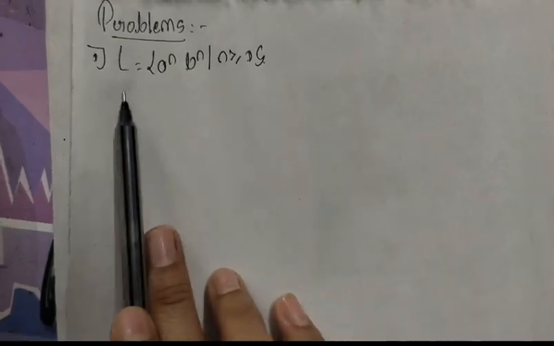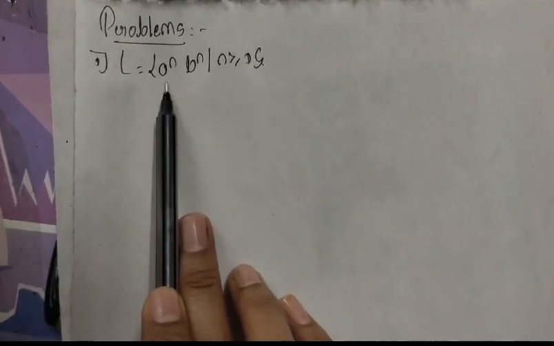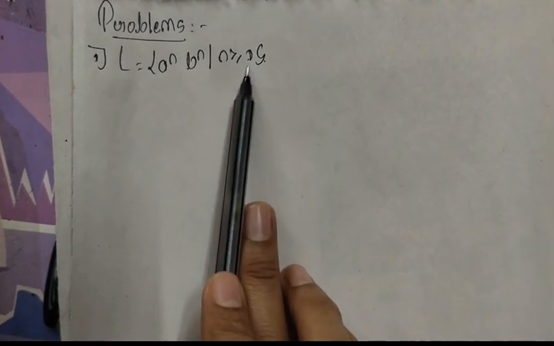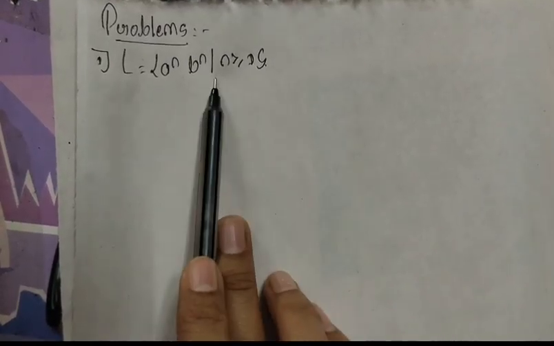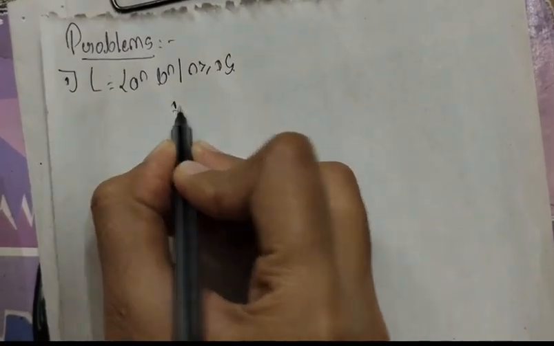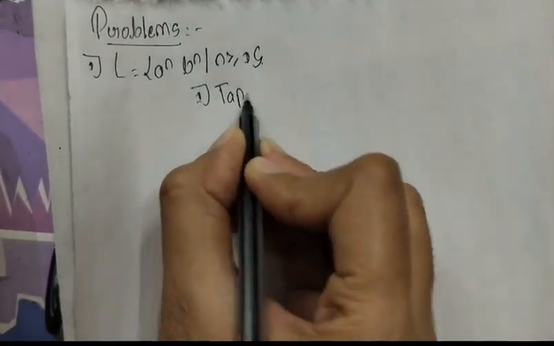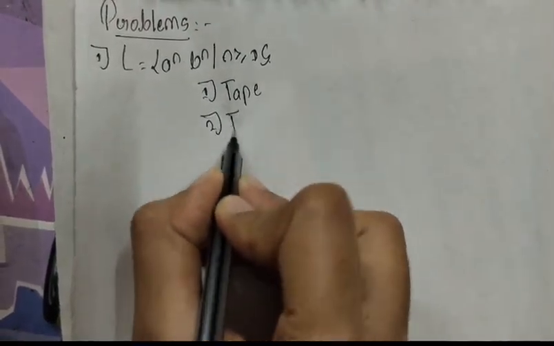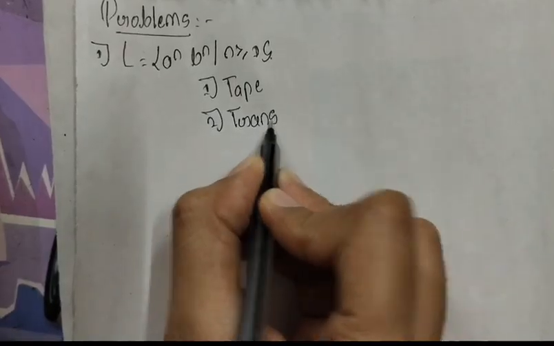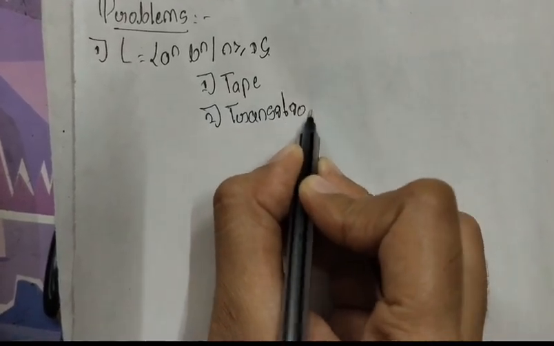The first problem is L = a raised to n, b raised to n, where n is greater than or equal to 1. When we are solving this problem, we consider some steps. First one is the tape. Second one is the transition diagram.